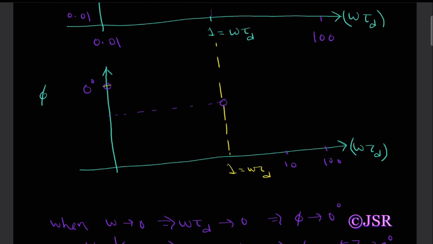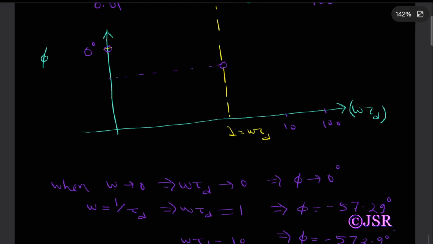At 10 we will have minus 572.9 degree, and here we will have minus 57.29 degree.